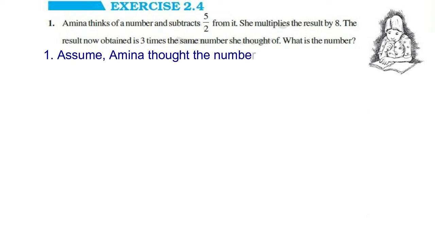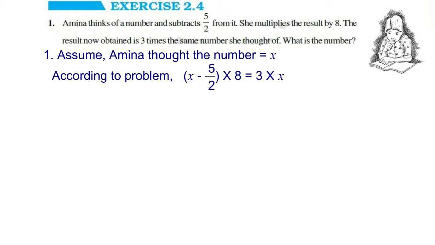According to the problem, first we subtract 5/2 from x and then multiply the result by 8, meaning (x - 5/2) × 8, and the result obtained is 3 times the same number she thought of, meaning 3x.